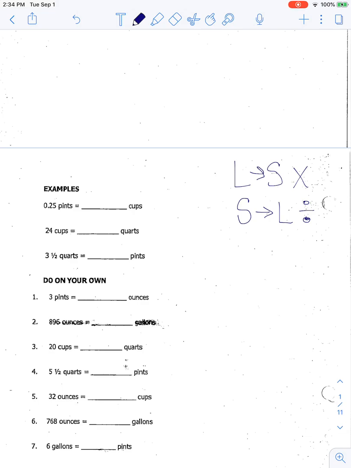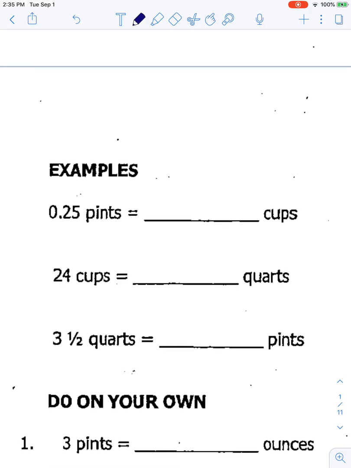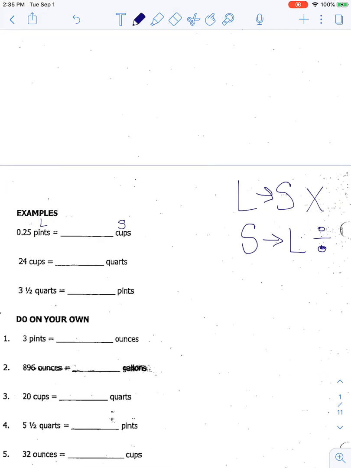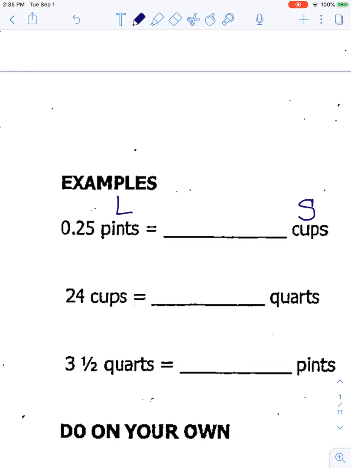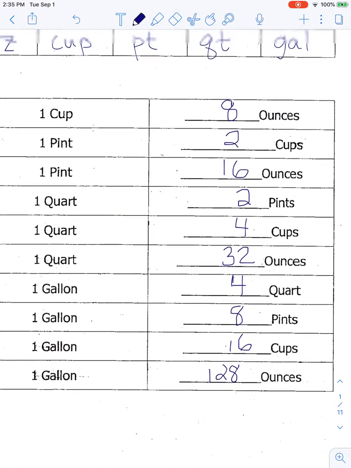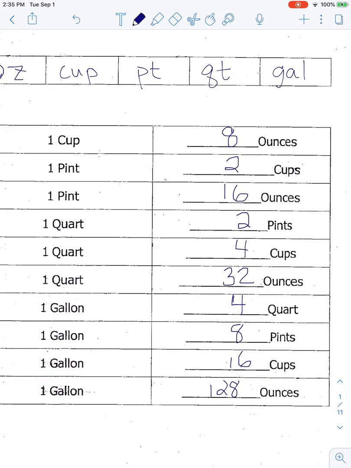Let's look at a couple examples here. Pints to cups. We know from our list that we made at the very beginning of the video here that pints are larger than cups. So we are going large to small, which means that we multiply, right? And for pints and cups, we're going to come back here to this chart that we made, and you see pints and cups right on this row.